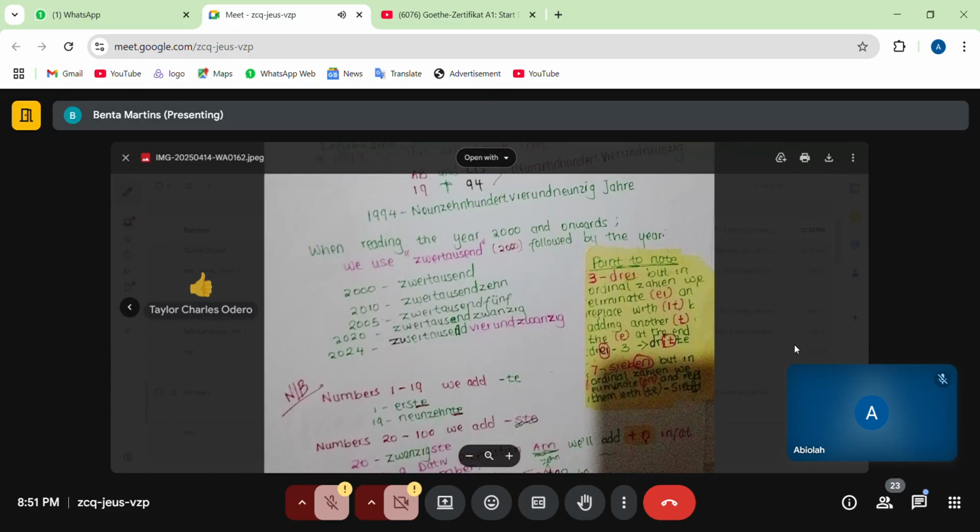To make it simpler, just know that EI is being replaced by IT, and then at the end we have TE. So from drei to dritte. They are dritte, maybe 'der dritte Mann', the third man. And then we have sieben. It's the same thing right here.